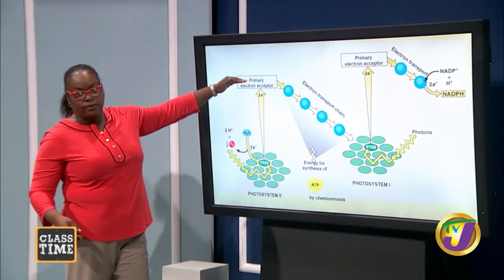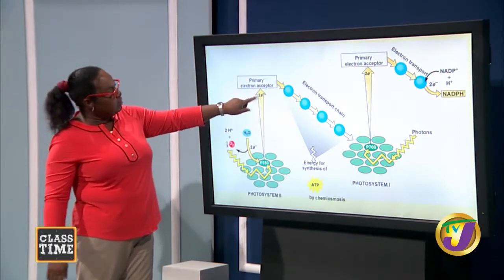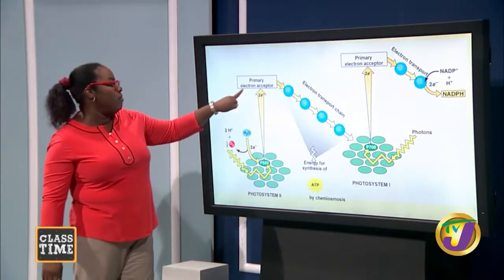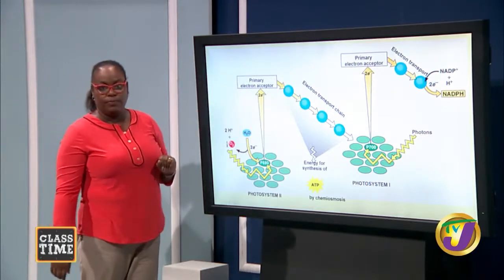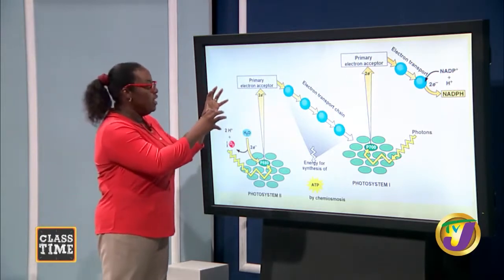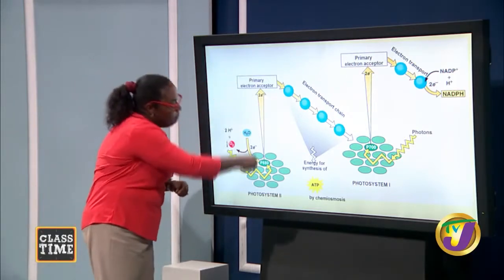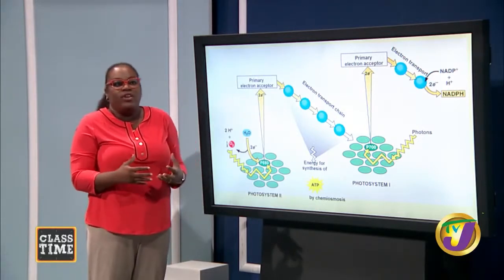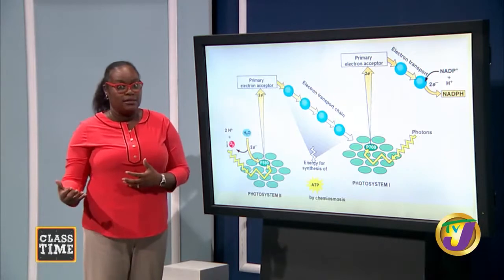Those 2 electrons at the higher energy level are accepted by the primary electron acceptor. The primary electron acceptor holds those electrons so that they don't just come back to the reaction center, because then that would not have offered any help for photosynthesis.